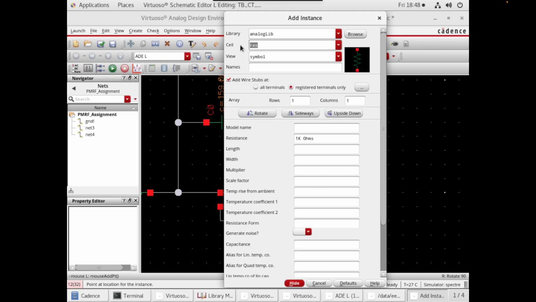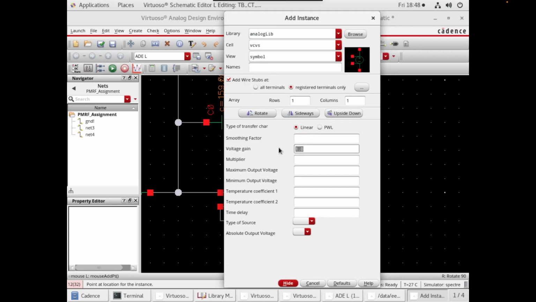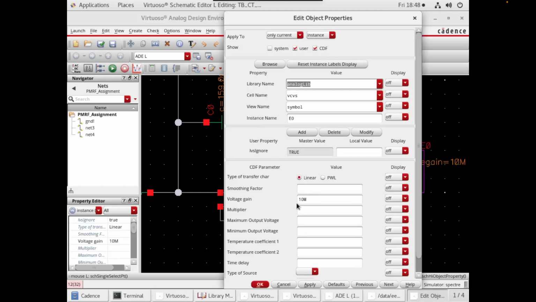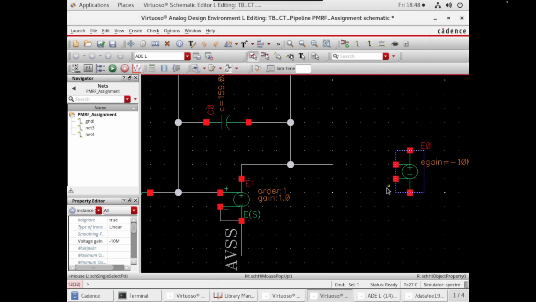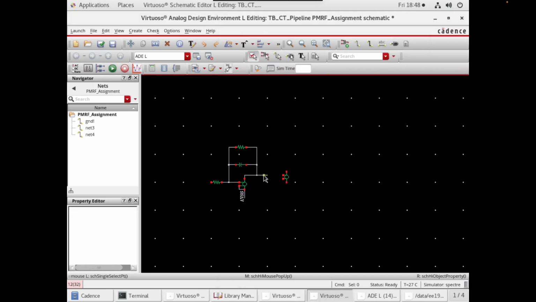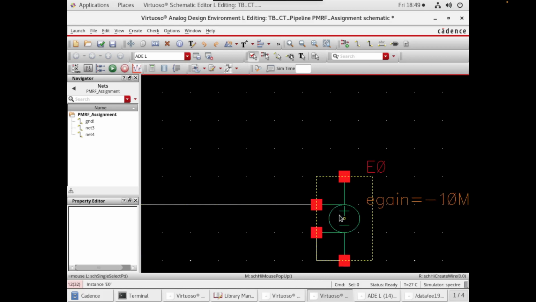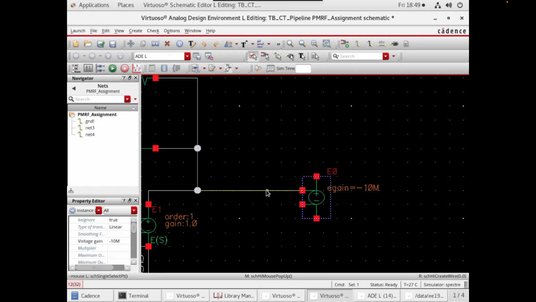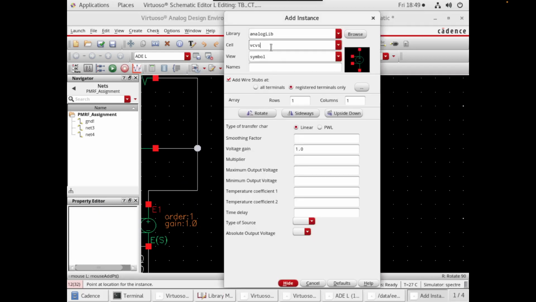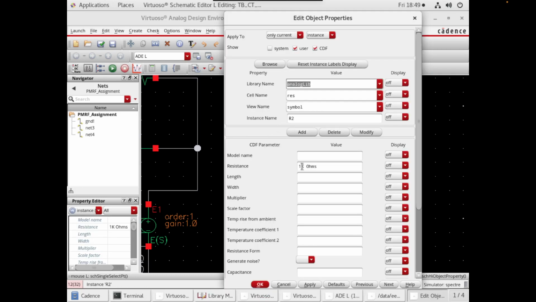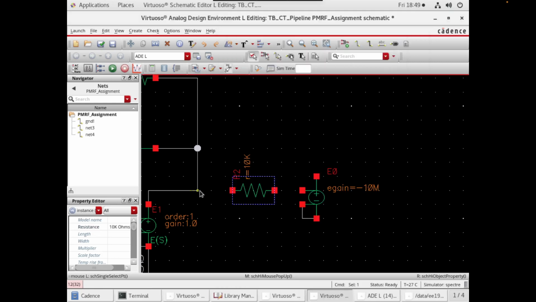Since we are using ideal op-amps only, we will have only one voltage controlled voltage source with a very high amount of gain, and this is 10 kilo ohms.